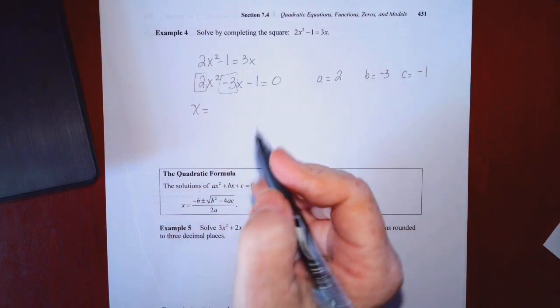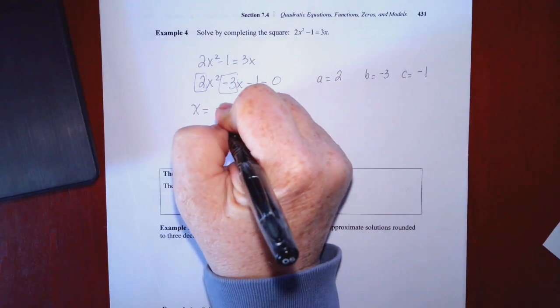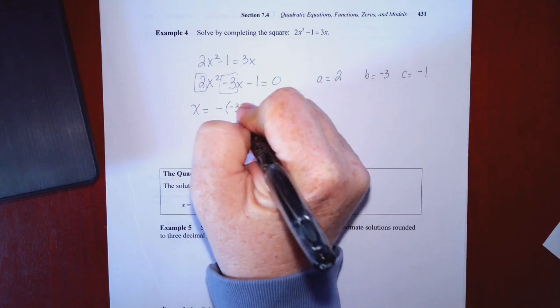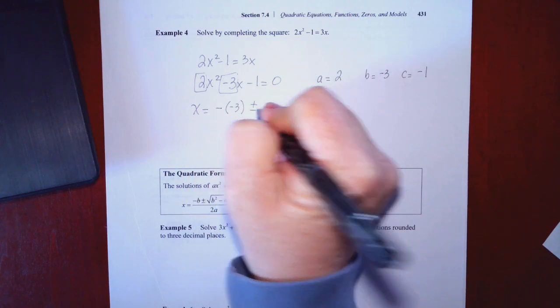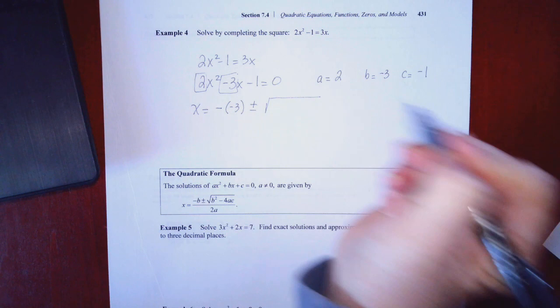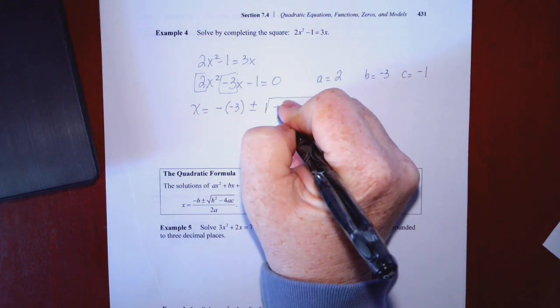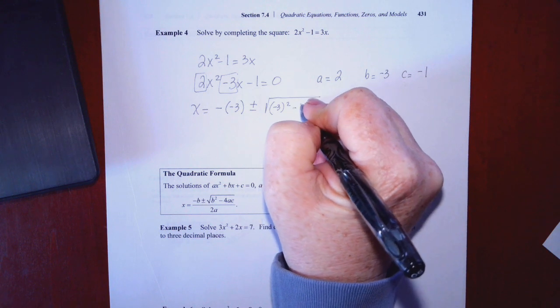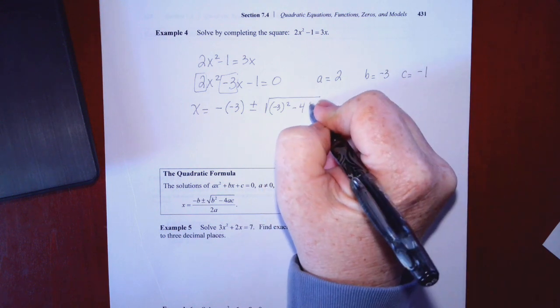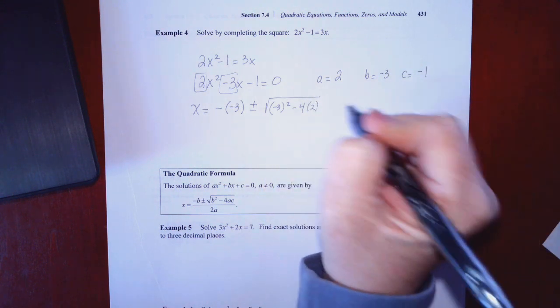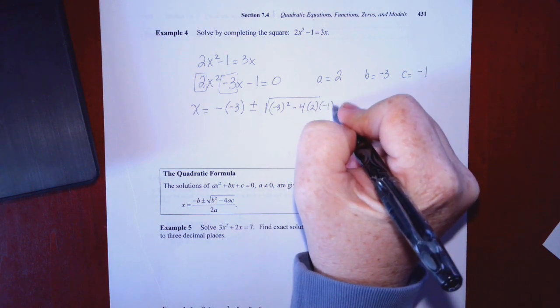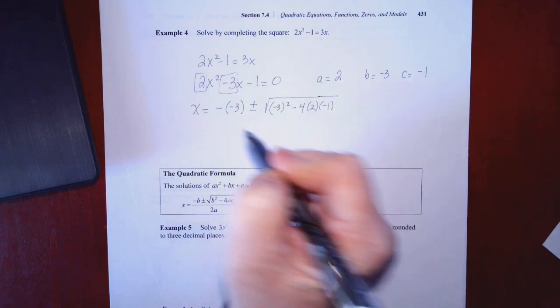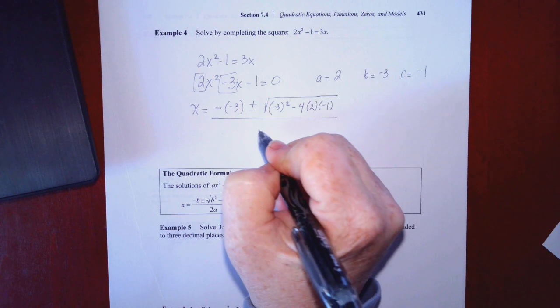So we will have x is equal to negative b plus or minus the square root of b squared minus 4ac, all over 2a.